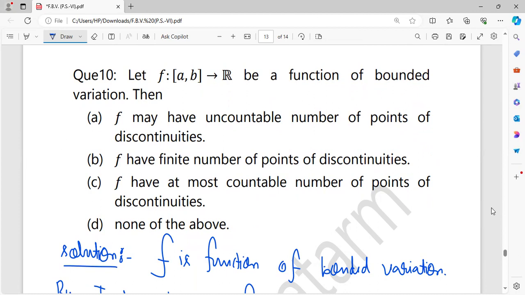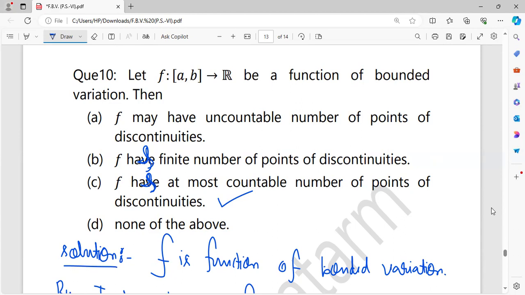Countable means it can have countably infinite also. So finite numbers of points of discontinuity is not a correct option. C option is, there is a correction, I should write has here. f has at most countable number of points of discontinuity. So this option is correct. D option, none of the above, is not correct.